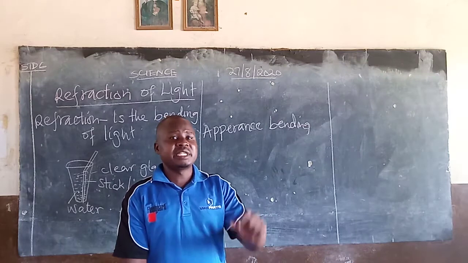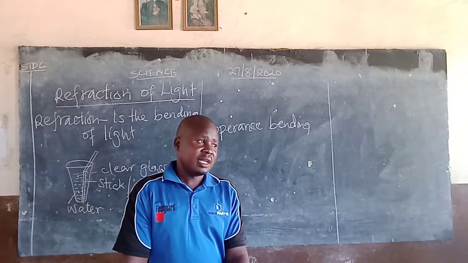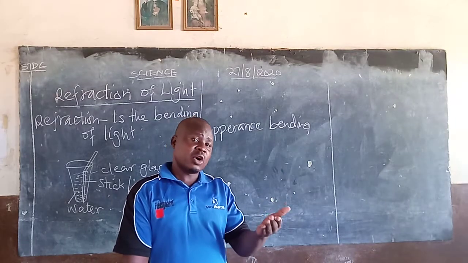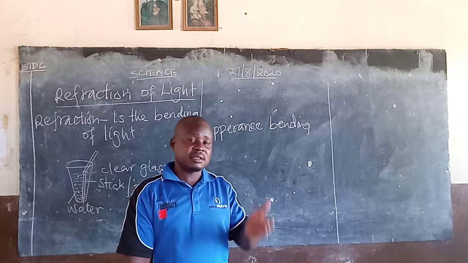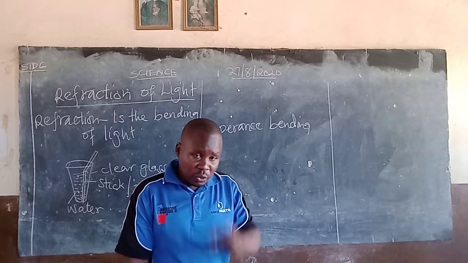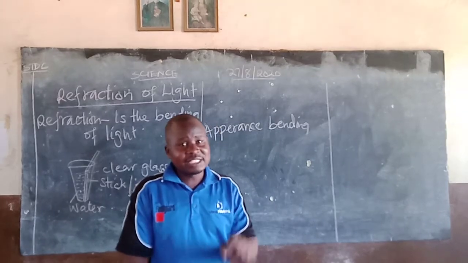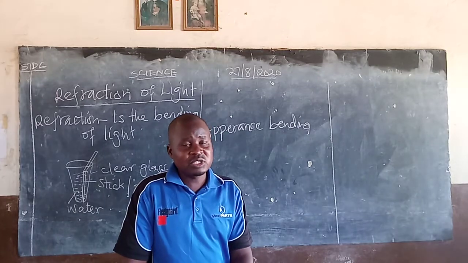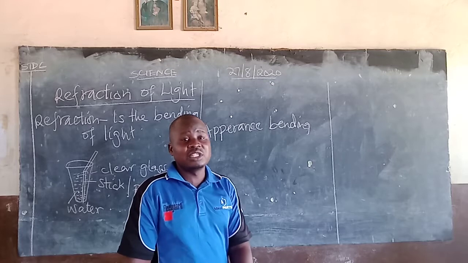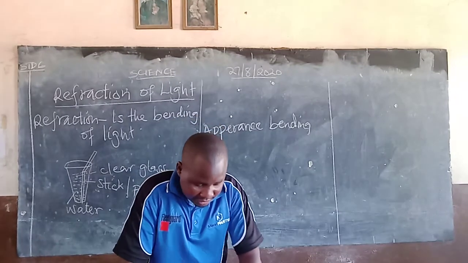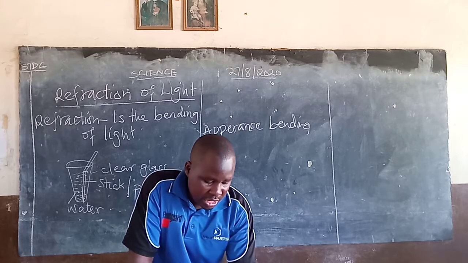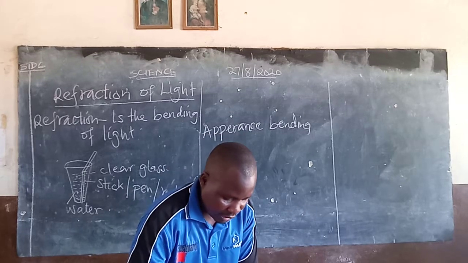When you dip it inside the glass of water, you'll find that the coin appears a little bit raised when you look at it perpendicularly. Why? Because of the appearance bending. That is because of the refraction of light. When a coin is placed in water, it appears raised due to the refraction of light.